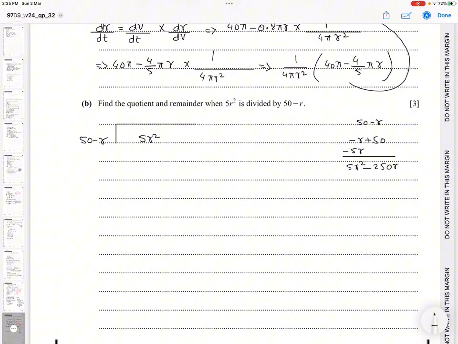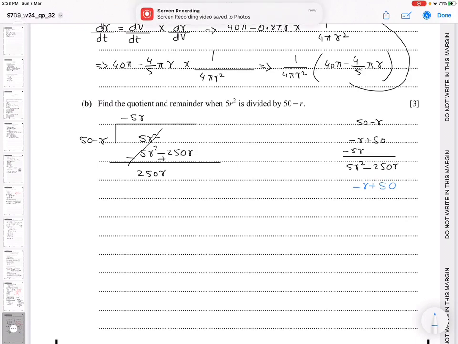So I can write minus 5r, and under it 5r square minus 250r. Change the sign, this gone, so 250r is left.